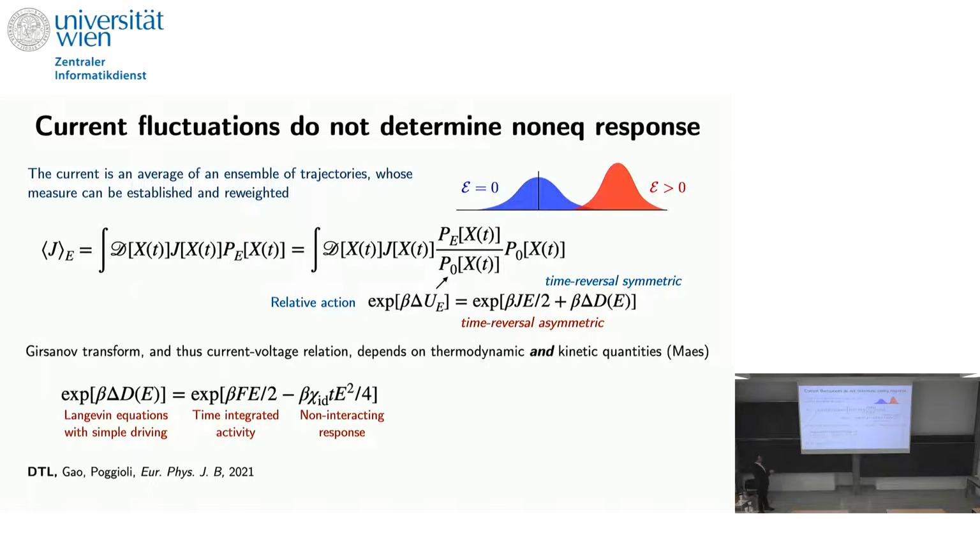Okay, so this in general is hard to say something about. I'm going to focus throughout this talk on Langevin processes, where for linear forces, or forces that are somehow a linear combination of the underlying molecular degrees of freedom, this actually takes a very simple form. The time reversal symmetric part of that relative action is something that is linear in the field times a time integrated activity.